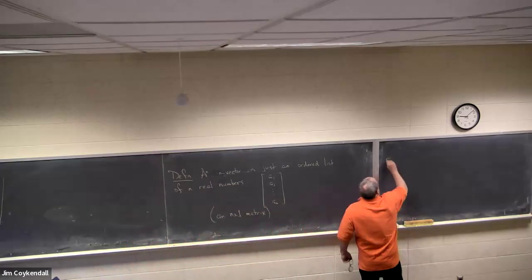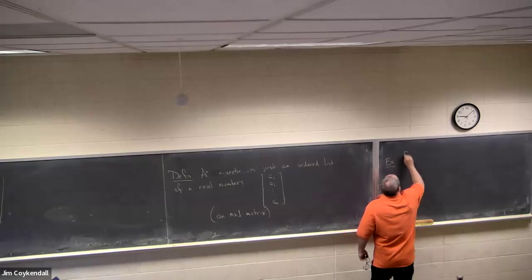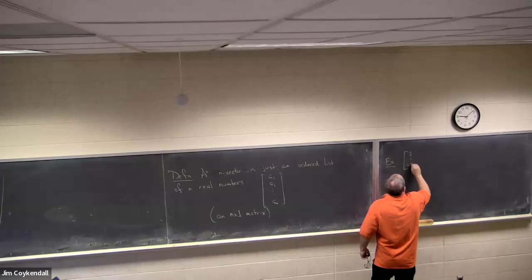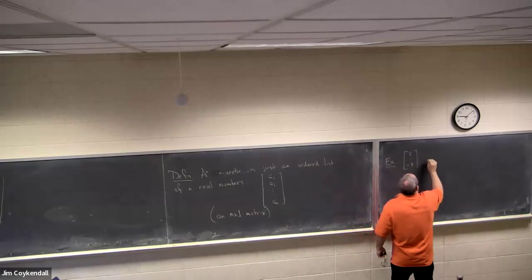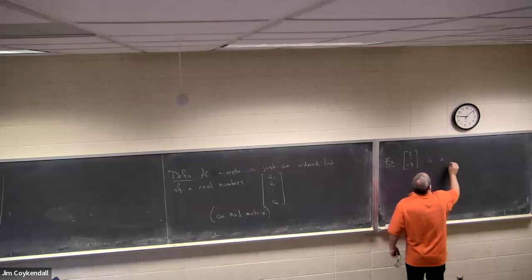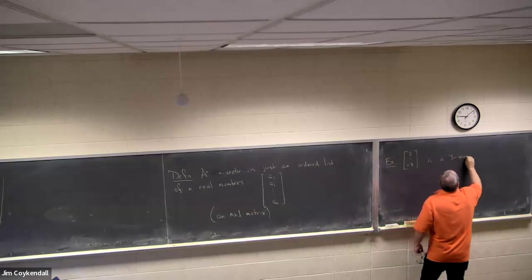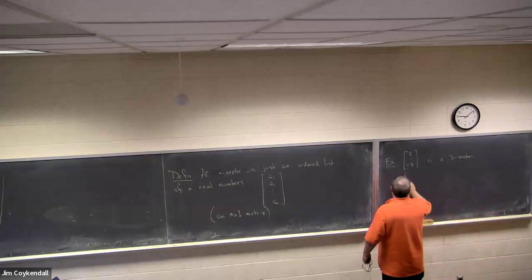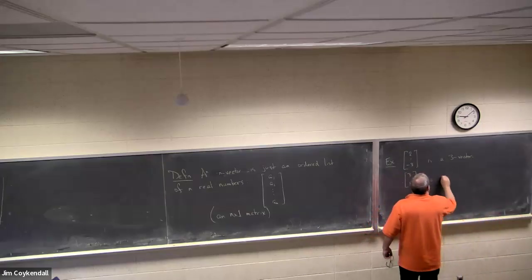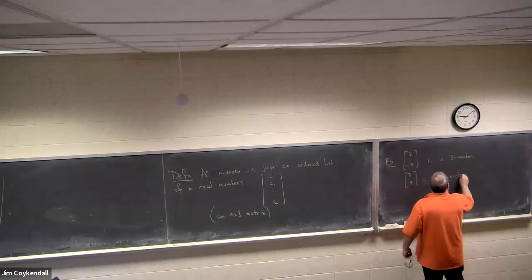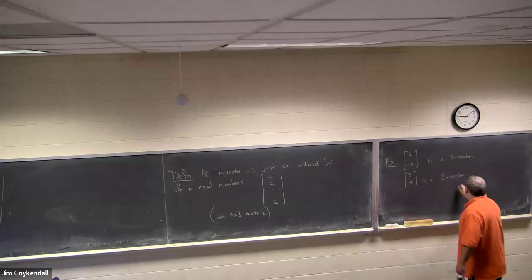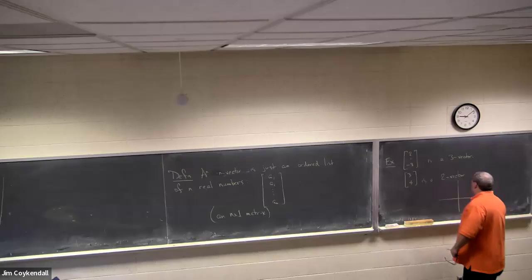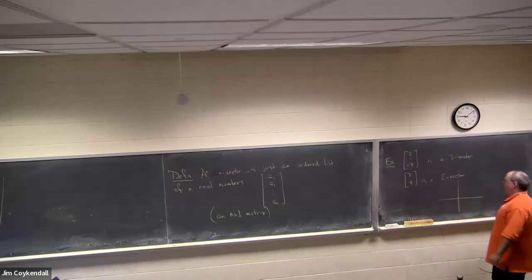So, for example, (2, 1, -3) is a 3-vector. (3, 4) is a 2-vector. And you can think of this as being represented in the plane.